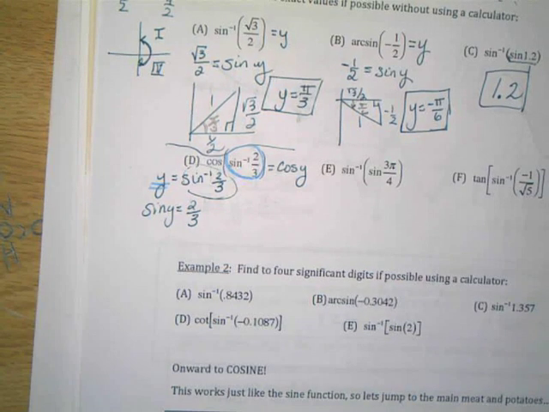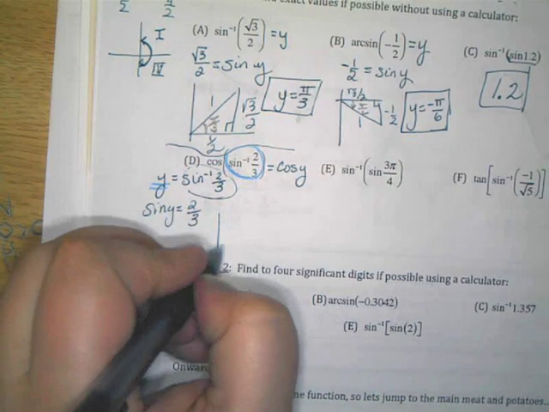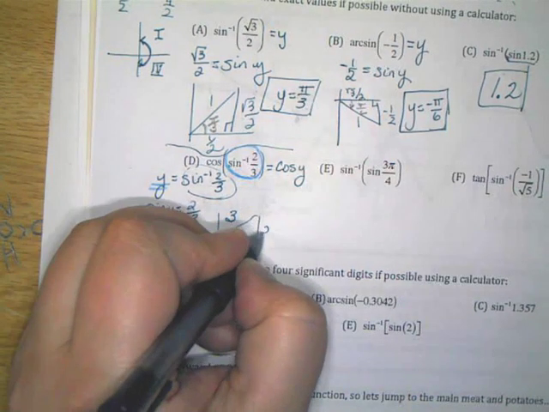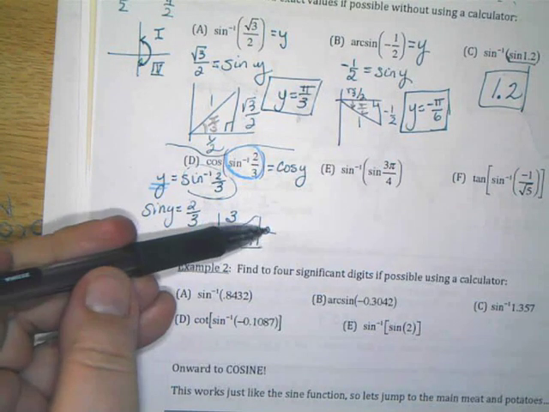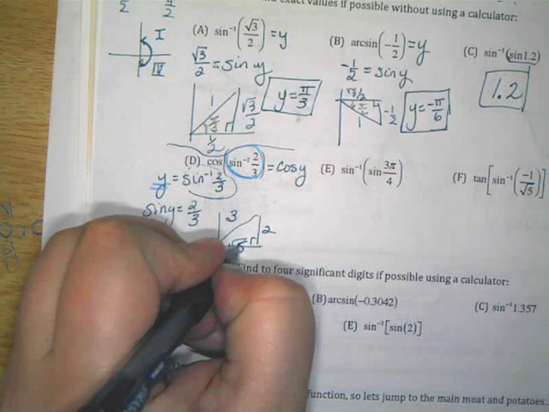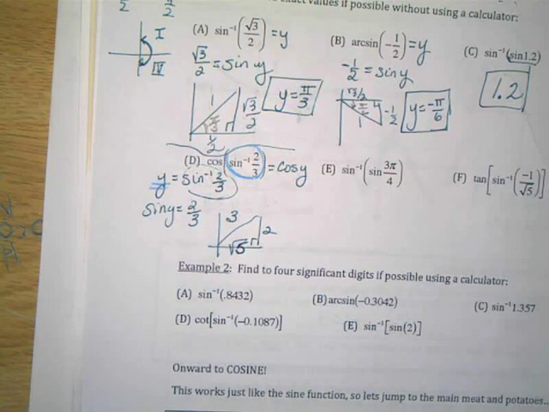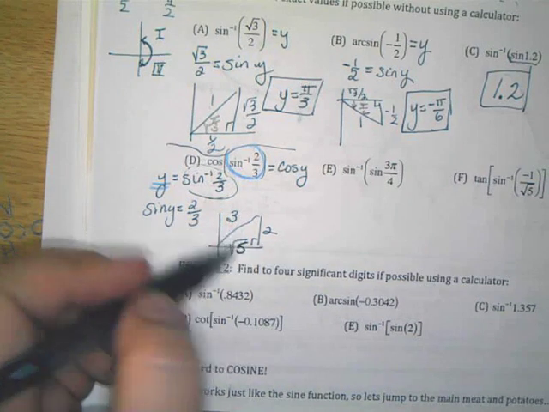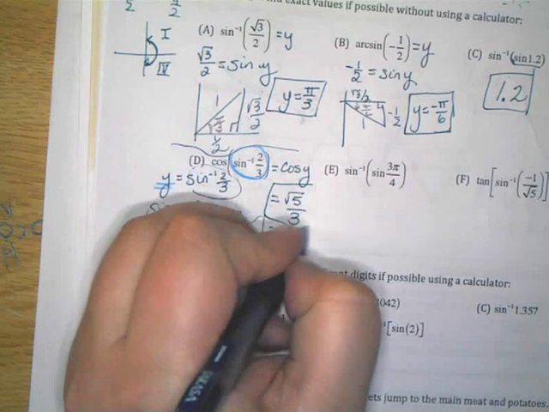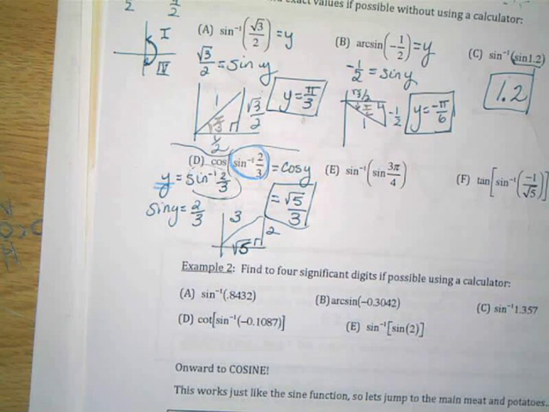So let's draw our triangle. And it's positive, so it has to be in the first quadrant. So this is 3, 2, 9 minus 4, so square root of 5. And so the cosine of y, the cosine of this angle of this triangle is adjacent over hypotenuse. Don't worry, we're going to do more. Gosh, I love it.